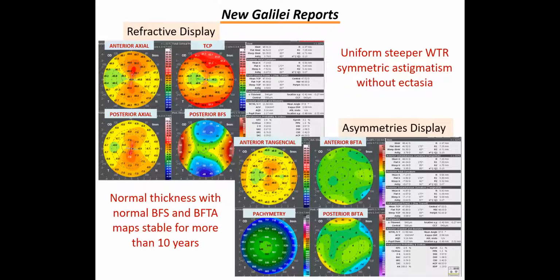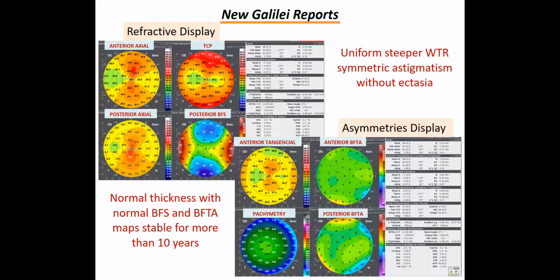A bump in Spanish is called chinchón, when a kid hits the head and produces a bump, a lump in the head. That's what we need in the cornea in order to have the diagnosis of keratoconus and ectasia.